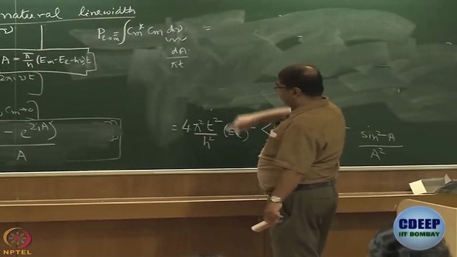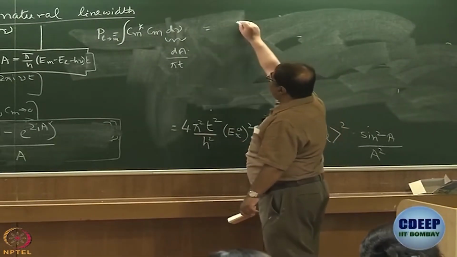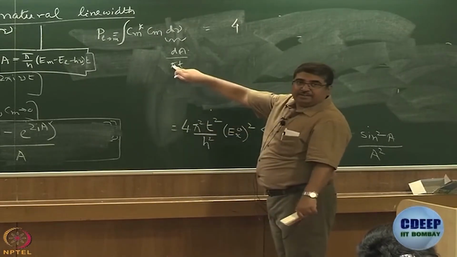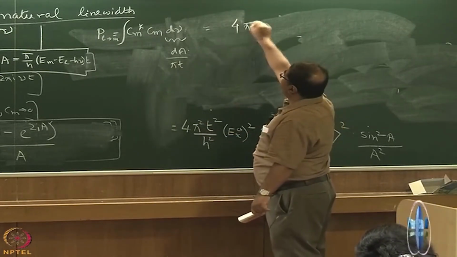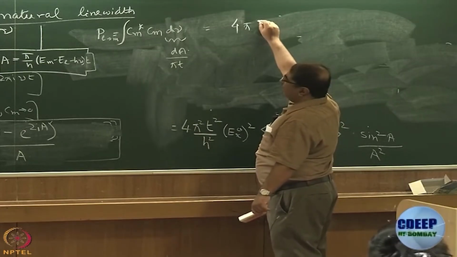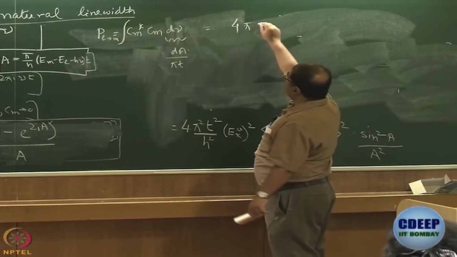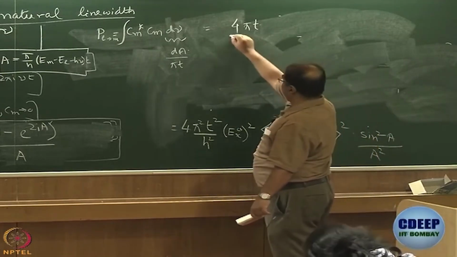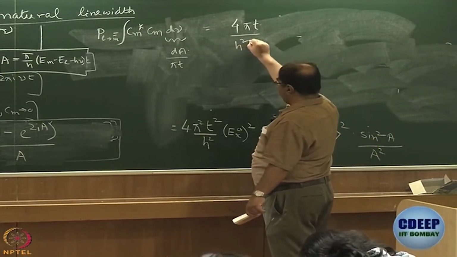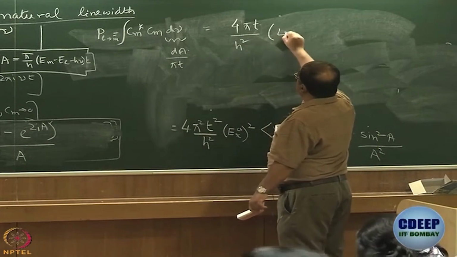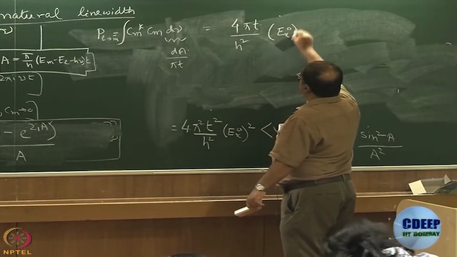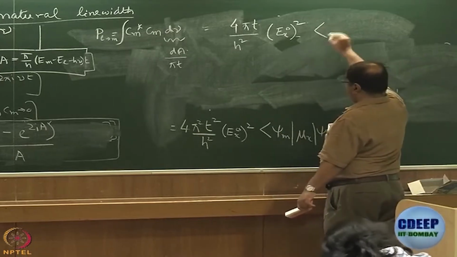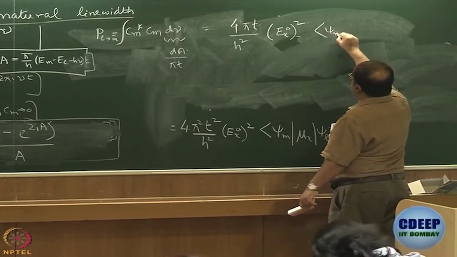Then this becomes, this is what it is, 4 pi square by pi, right? So this is a pi, t square by t, so this is a t, divided by h square into the square of the transition moment integral, ex0 whole square.